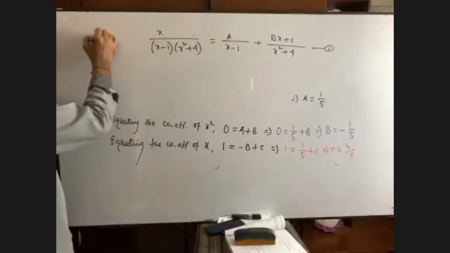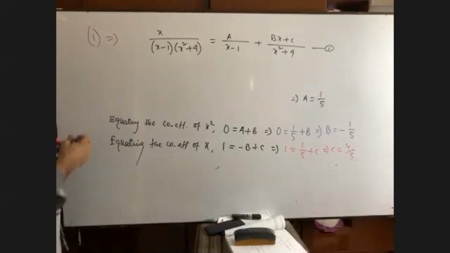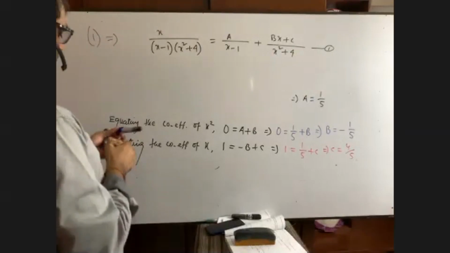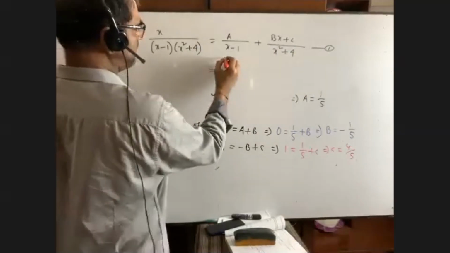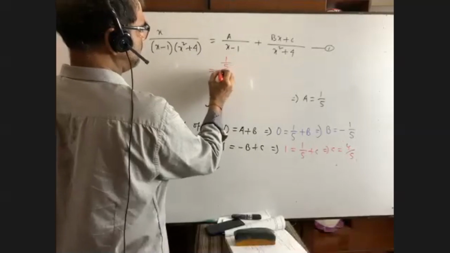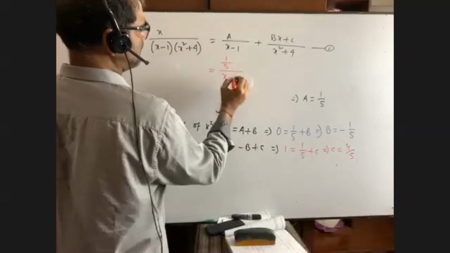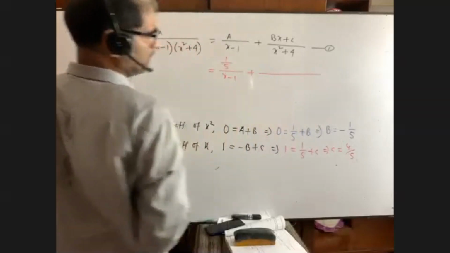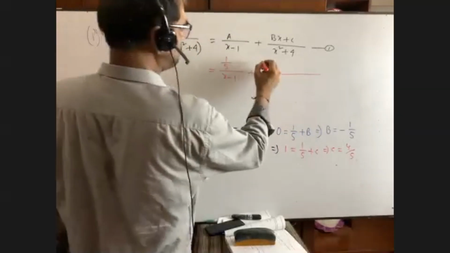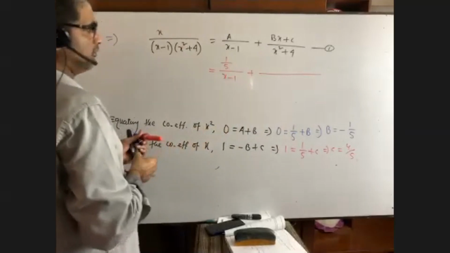So 1 implies that, now put the value of a. What is the value of a? A is 1 by 5. Write down 1 by 5 by x minus 1. What is bx plus c? B equals to minus 1 by 5. You see the way I'm going to write down.